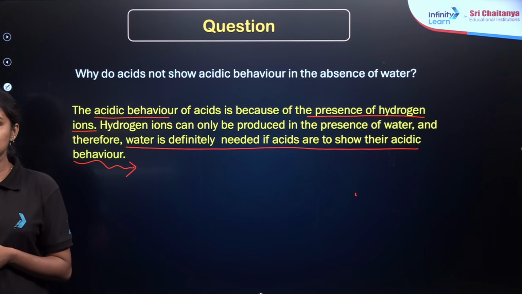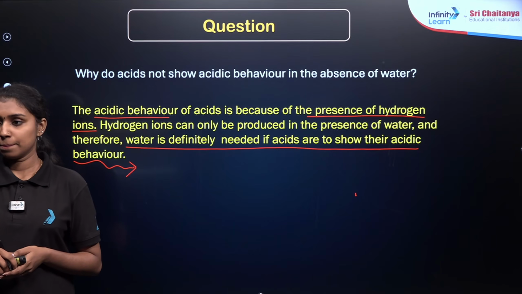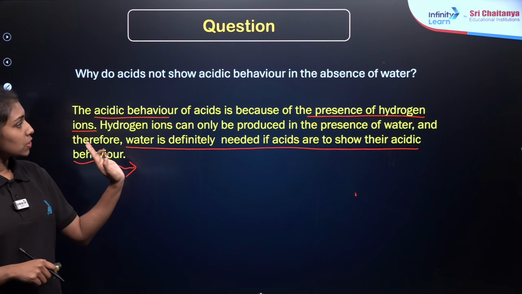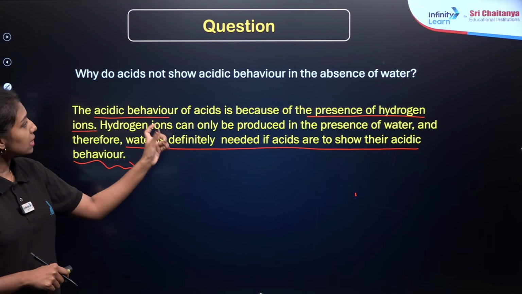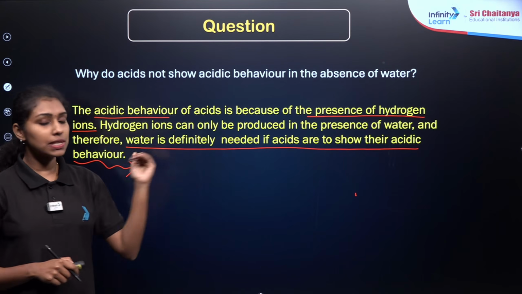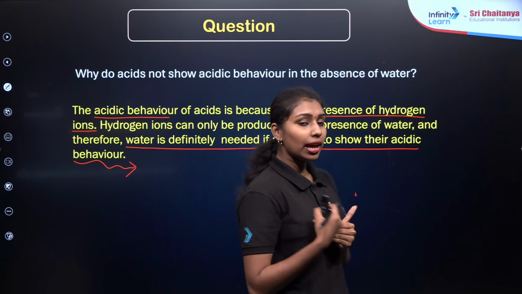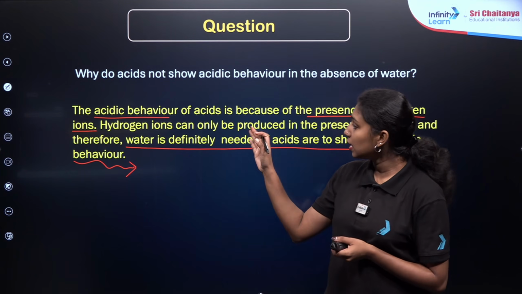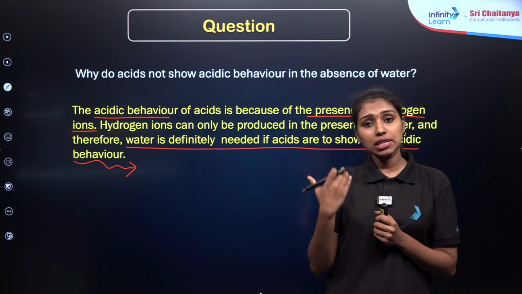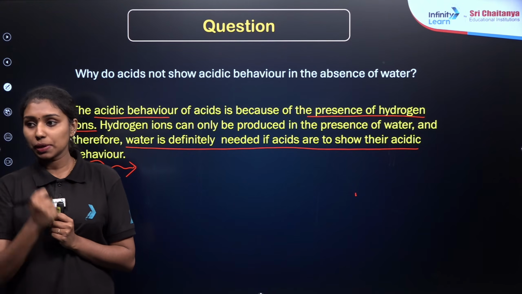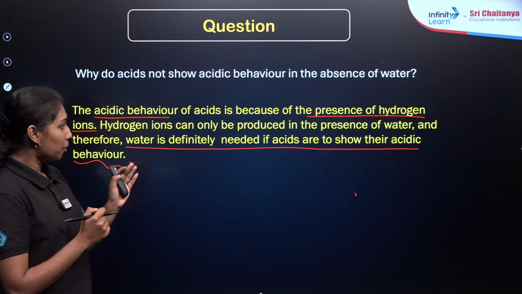Okay, what is the doubt, Subitha? This question only, right? So, what is our question? Why do acids not show acidic behavior in the absence of water? We know that acids are the substances which give H+ ions. These H+ ions are easily provided by the water molecules, H+ and OH- ions.